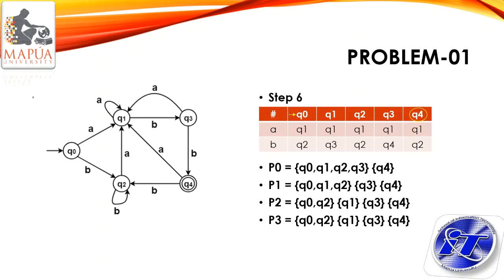Since P2 and P3 are now the same, we could create the transition table so that we could create the automaton later. Q0 and Q2 will be merged as one state.